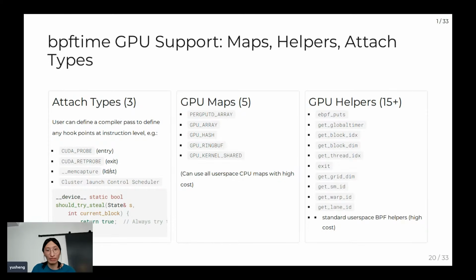We can also introduce some kind of GPU-specific eBPF maps like array and hash and ring buffers. You can also share these GPU maps with your CPU maps. And you can also create some GPU-specific eBPF helpers.